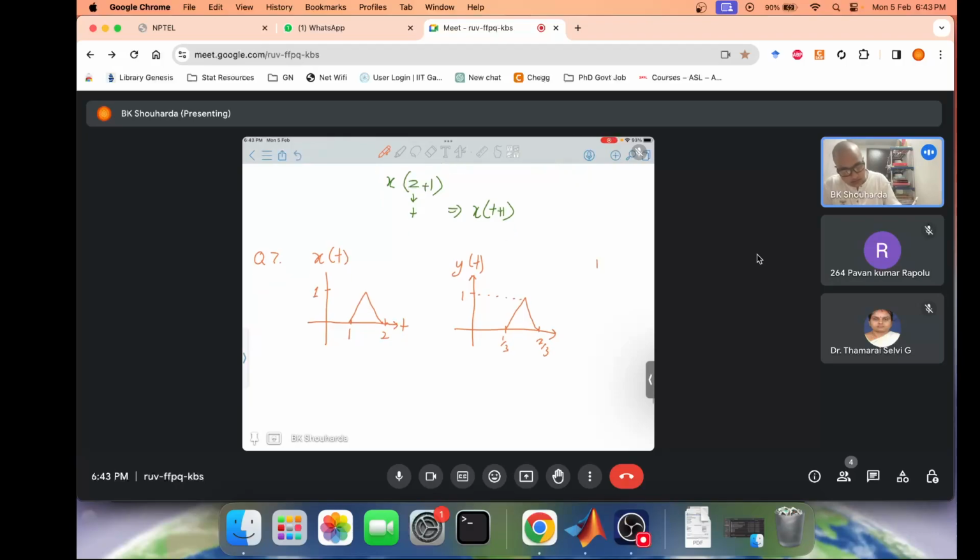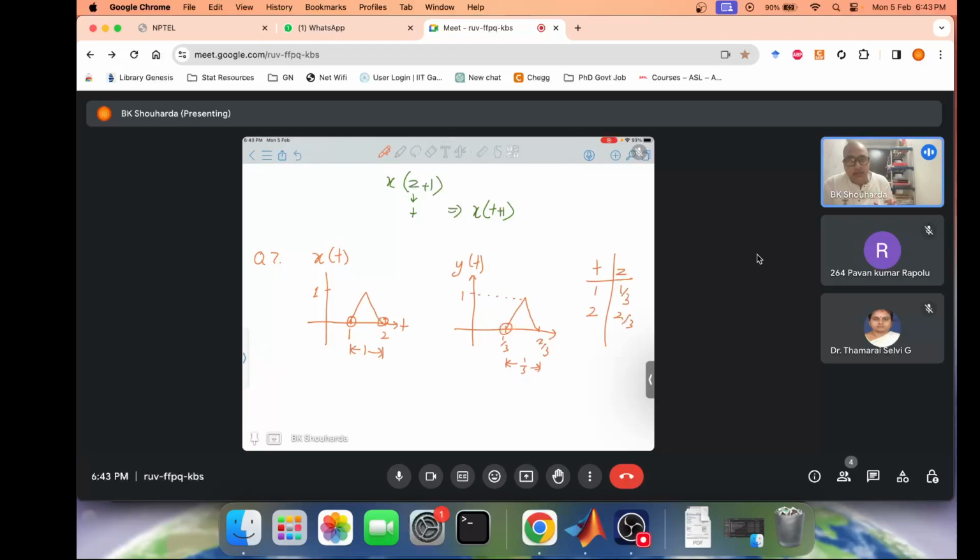So let me write the t and z table. We have a critical point at 1, correspondingly it's 1 upon 3, critical point is 2, correspondingly we have 2 upon 3. You note very well over here that the width was 1 and here the width is 1 upon 3. So what are we having over here?